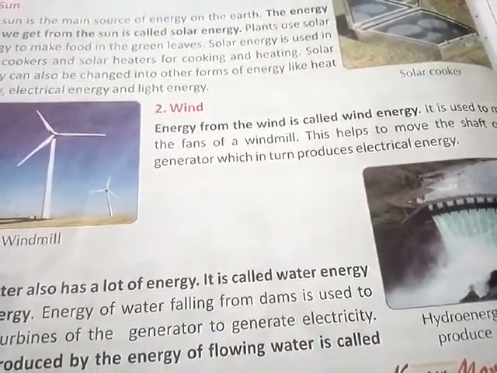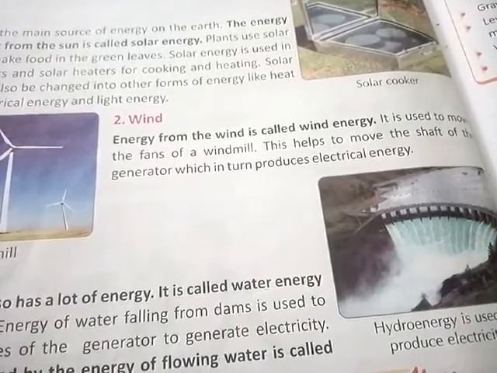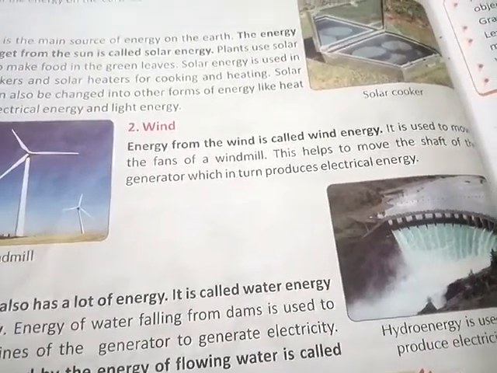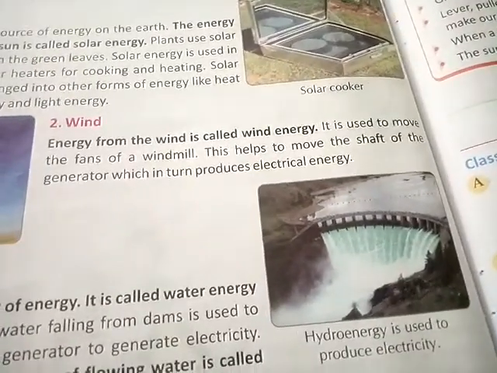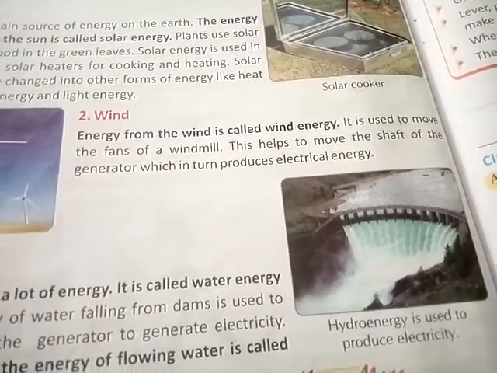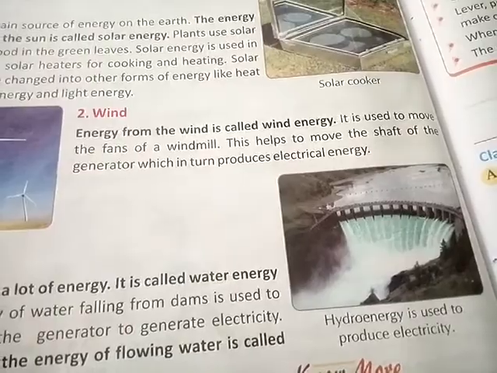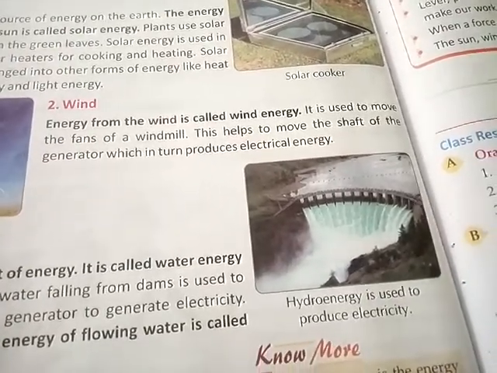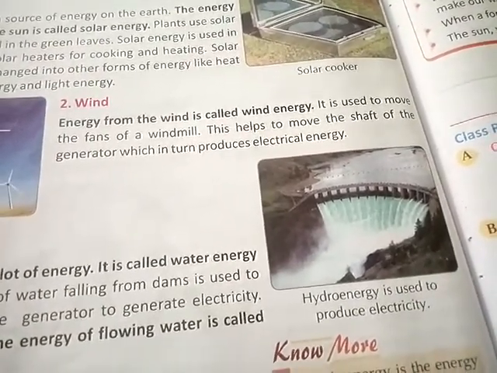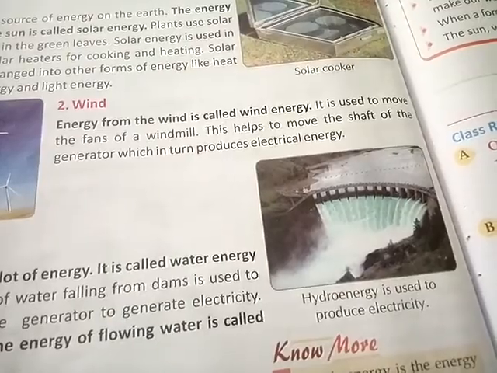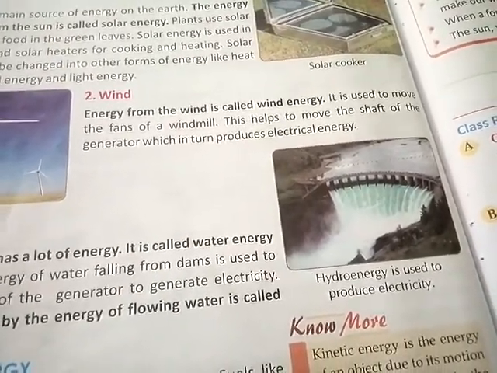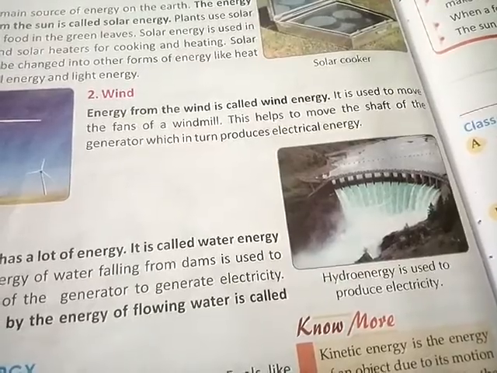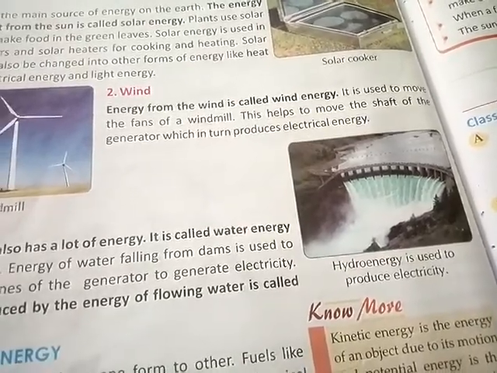Second number, wind. Energy from the wind is called wind energy. It is used to move the fans of a windmill. This helps to move the shaft of the generator, which in turn produces electrical energy.